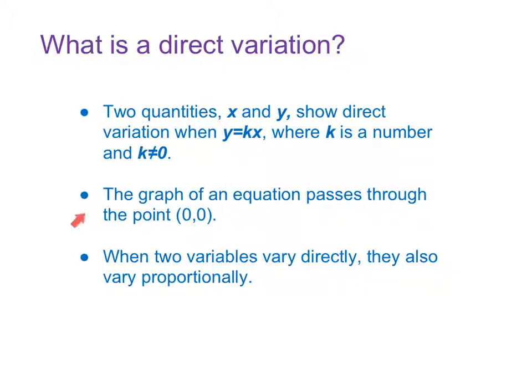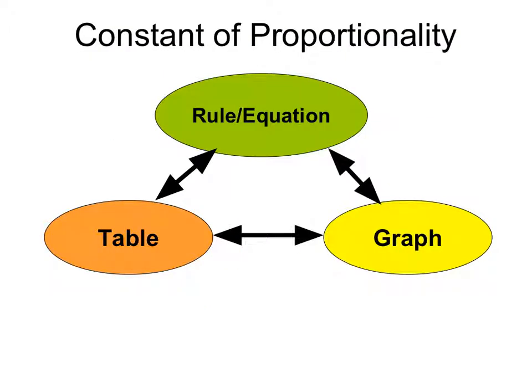As a result of direct variation, you'll end up with a graph of an equation that passes through the point 0, 0, and it will be a straight line. And when two variables vary directly, they also vary proportionally. So they show proportionality. We're now going to look for this idea of proportionality or direct variation as it exists in tables, graphs, and in rules or equations.